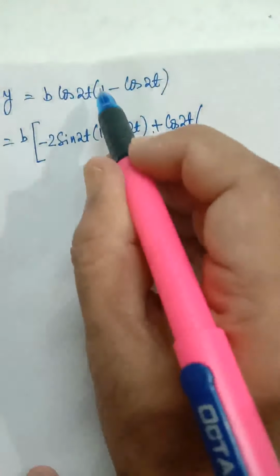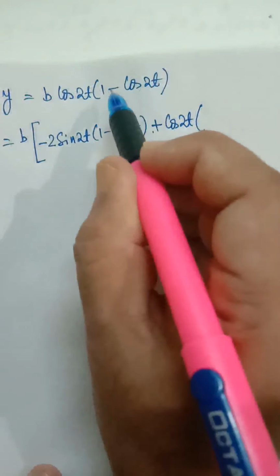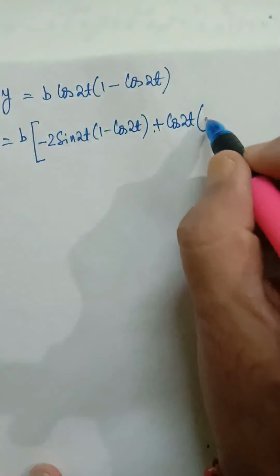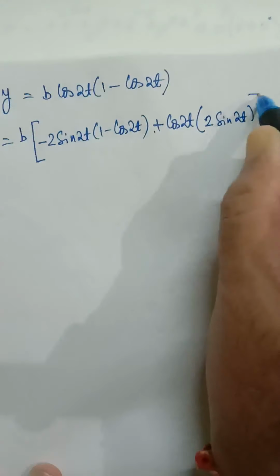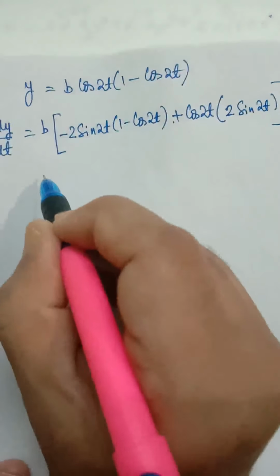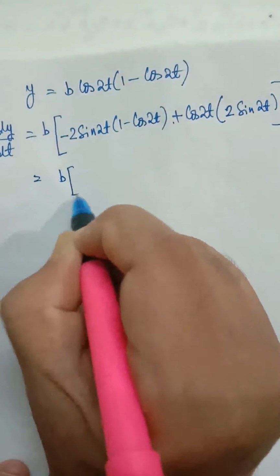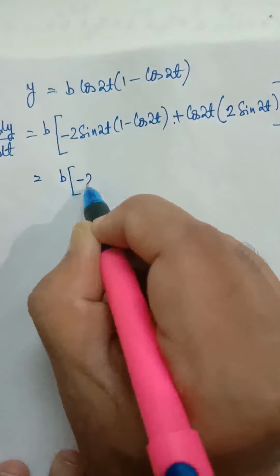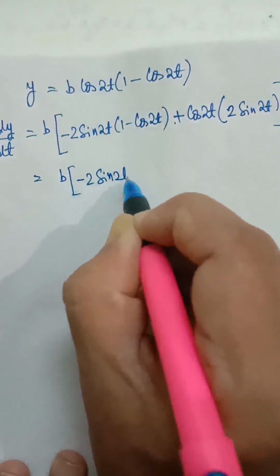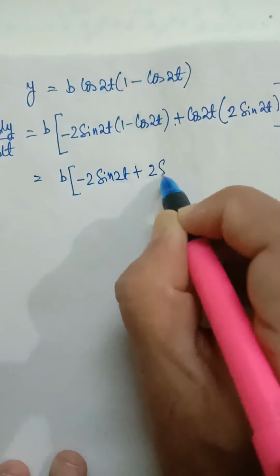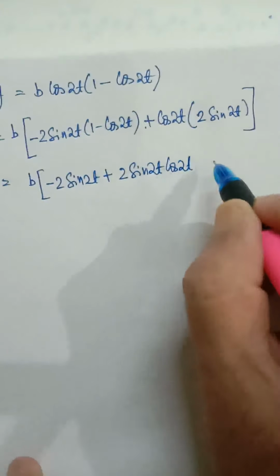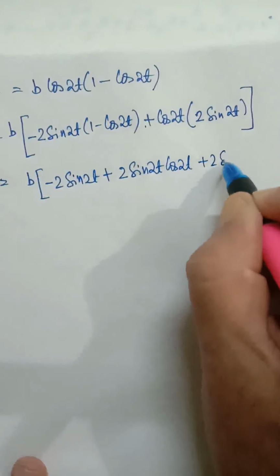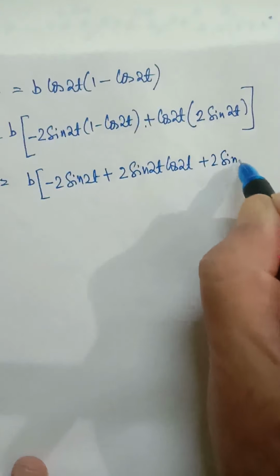Derivative of 1 is 0, derivative of cos 2t is minus of 2 sin 2t, so this will become plus of 2 sin 2t. b into minus of 2 sin 2t plus 2 sin 2t cos 2t plus 2 sin 2t cos 2t.